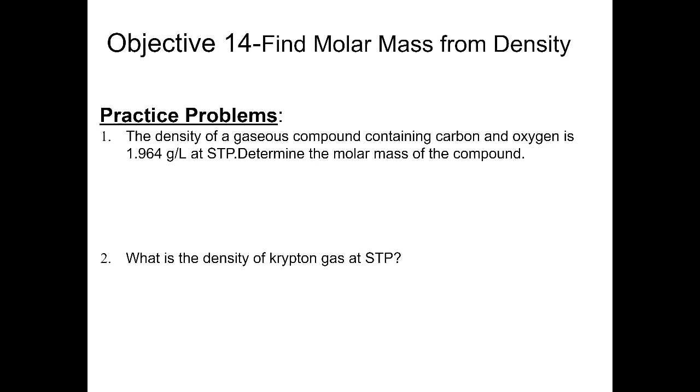We are going to then do what? What unit should we focus on? Right, we should focus on changing the mole to a liter. We want to focus on changing a mole to a liter, because if we can get grams per liter, that will give us a version of density, and then we can be done.